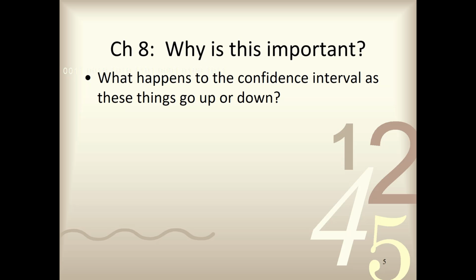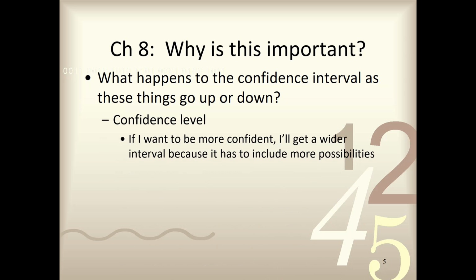So what happens to the confidence interval as these things go up or down? For the confidence level, if I want to be more confident, I need a wider interval because it has to include more possibilities. Again, confidence level is something I choose, but the common ones are 90, 95, and 99. It might raise a red flag if you choose a confidence level of 80%, which you might be motivated to do because that narrows the interval.